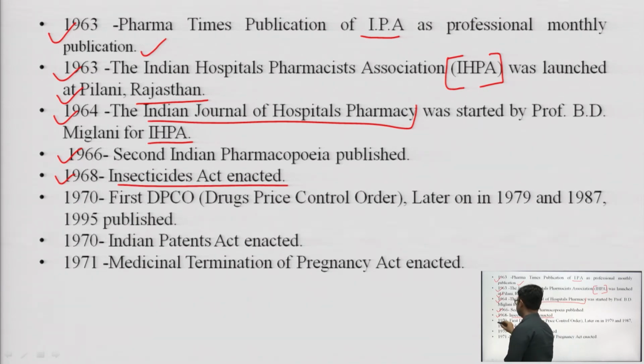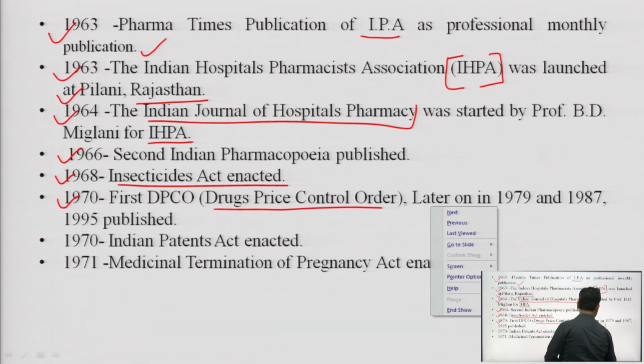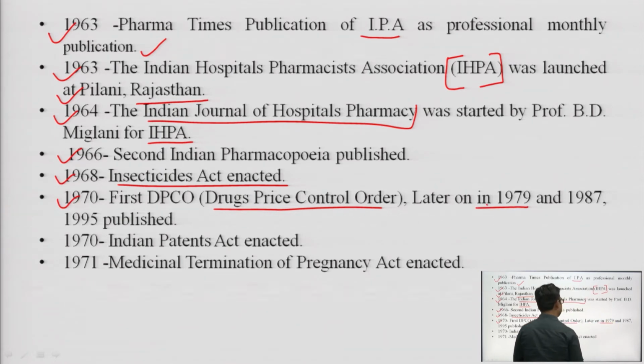In 1970, the first DPCO, Drug Price Control Order, was introduced, and later it was published with amendments in 1979, 1987 and 1995 also.